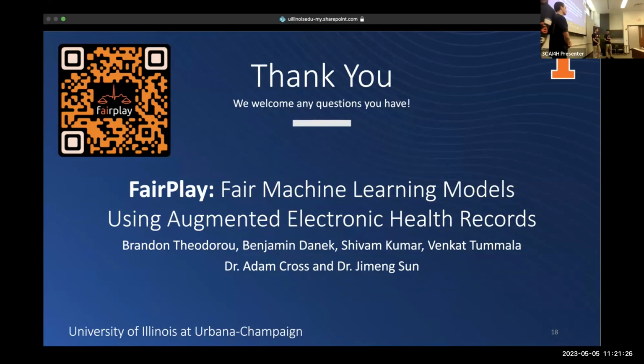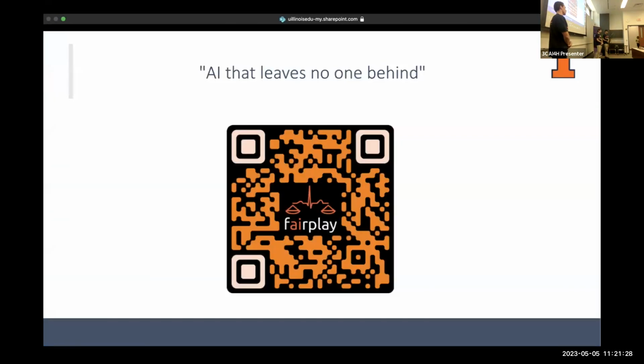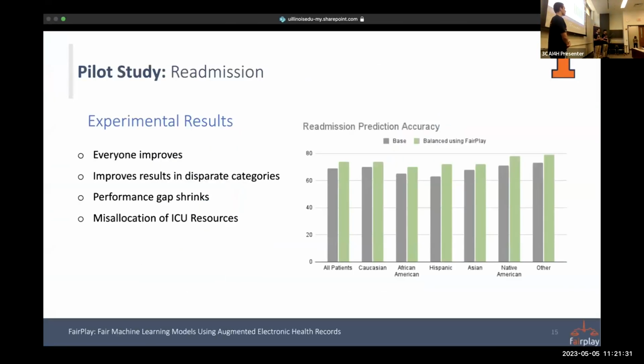Yes, we did see a similar jump, like we said, everyone tends to improve. The two biggest jumps are specifically Hispanic, which is a very underrepresented group that performs the worst. And the idea is that it's basically a sophisticated data augmentation approach, and in this setting we're able to improve everyone.